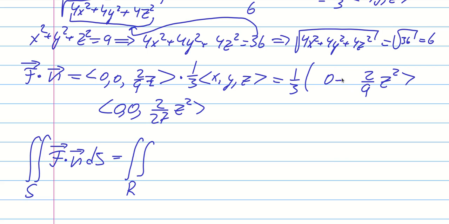It should be plus 0 plus this. Okay, and this should be just the answer. That's our dot product. So we put it over here, 2 over 27 z squared.